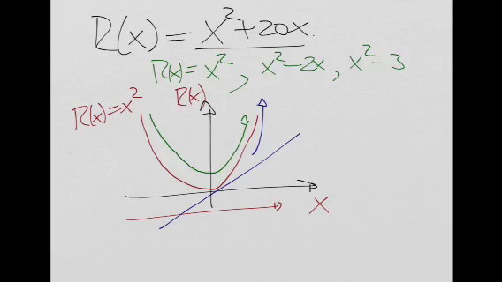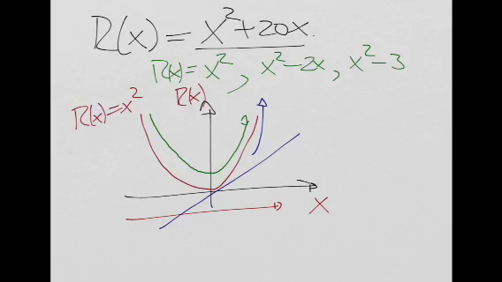So, when I want to describe a situation where revenue increases with the value of x, but as x gets higher the rate of increase accelerates, well, then I need a quadratic.